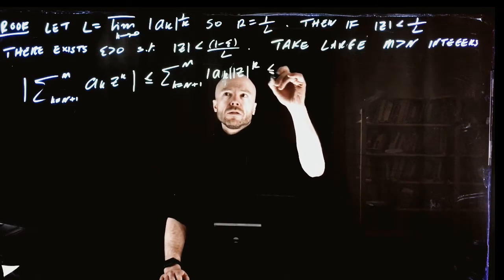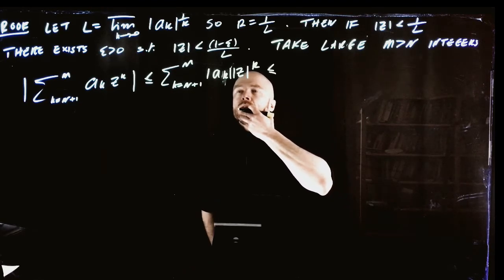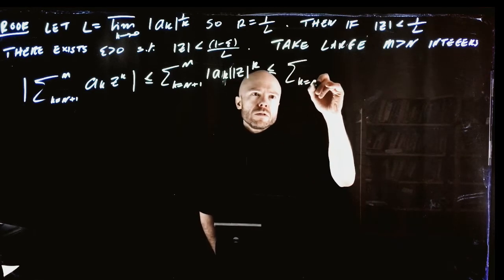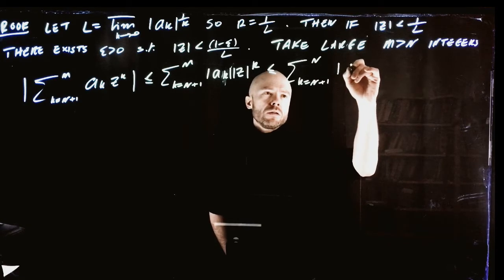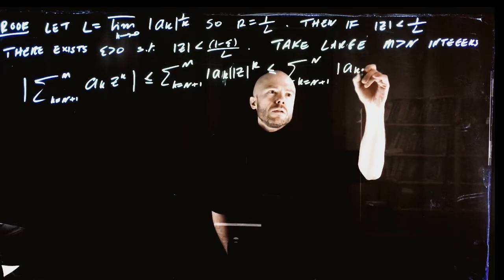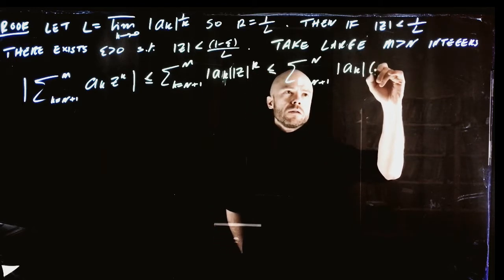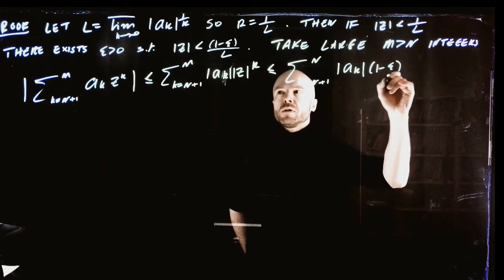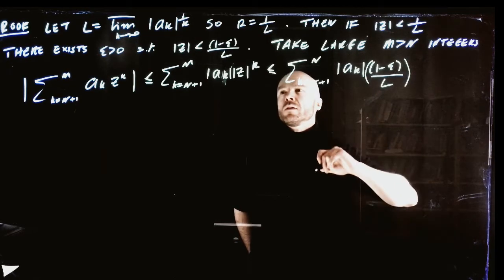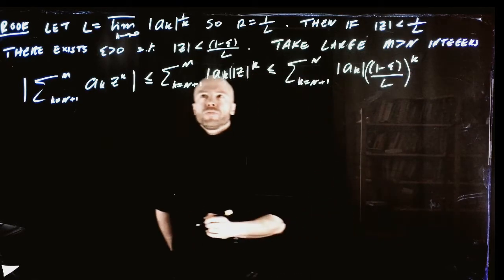This is less than or equal to the sum k equals N plus 1 to M of mod a_k, and then this mod z I'm going to replace by (1 minus epsilon) over L, taken to the power k, like this.